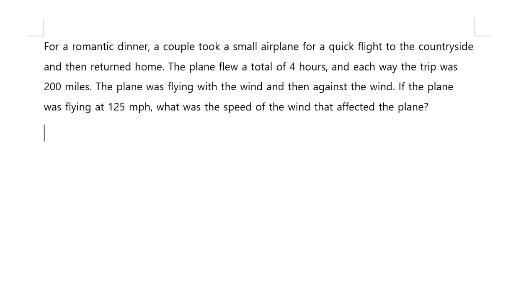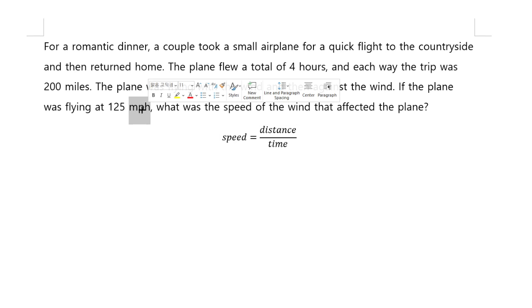And when you have a question about speed and distance, the most important formula that you have to know is that speed is measured as distance divided by time, which, by the way, is really apparent right here in miles per hour.